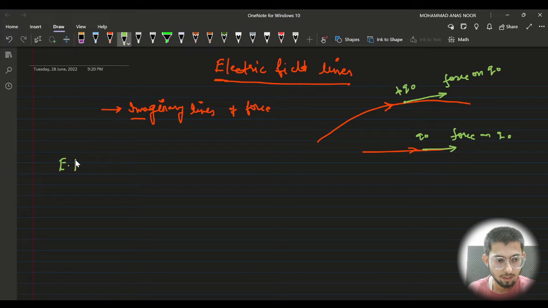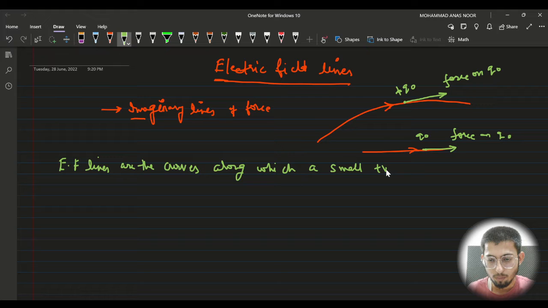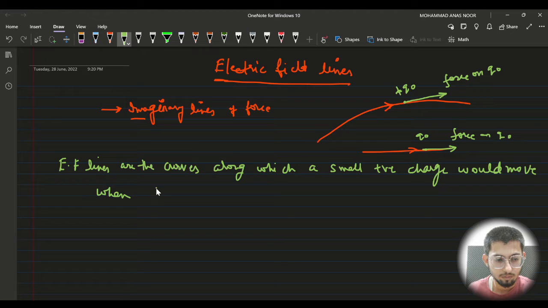So electric field lines, what are they? They are the curves along which a small positive charge would move when free to do so in the electric field.